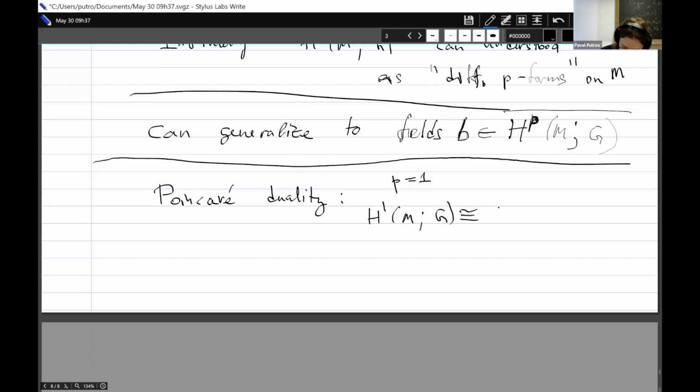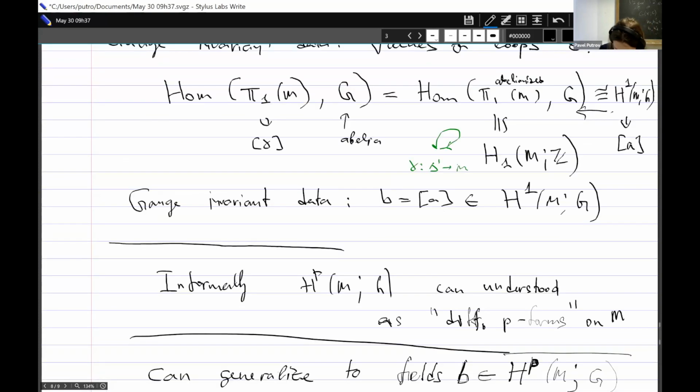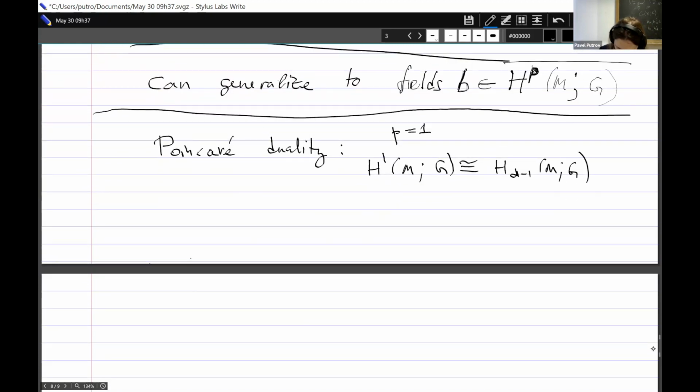The Poincare duality tells us that this is isomorphic to H^(d-1) of M with coefficients in G. And this, as we saw already a few times, is realized by classes of C, where C are singular chains.